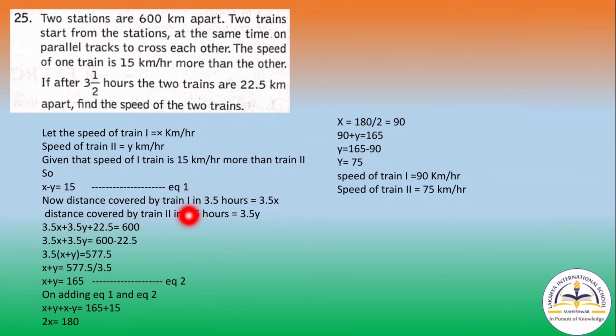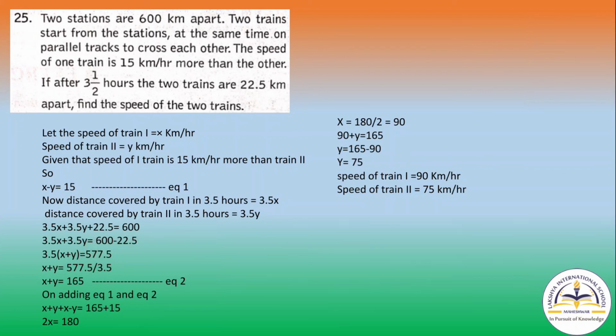The distance covered by train 1 in 3.5 hours is 3.5x, and for the second it is 3.5y. So 3.5x plus 3.5y plus 22.5 equals 600, according to the question. Now we take x plus y common and subtract 600 minus 22.5, which gives 577.5.